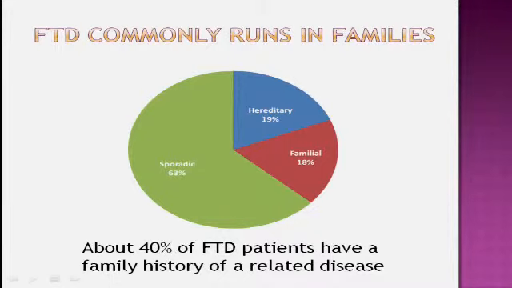So genetics is important for FTD in particular because about 40% of FTD cases have a family history of a similar disease. In this pie chart, the blue and red sections represent the familial forms of FTD.